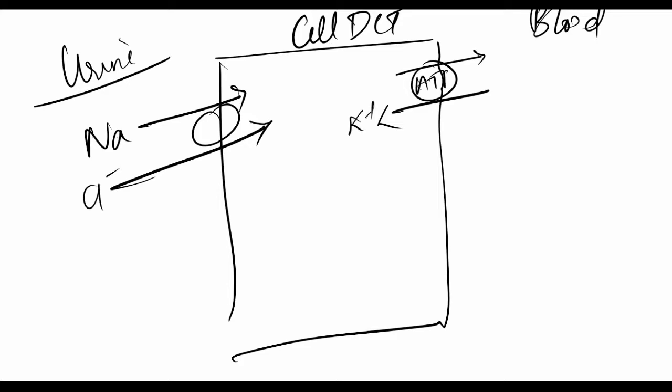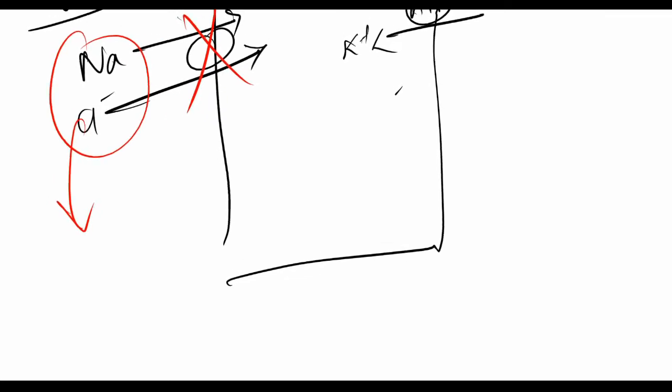That's how much we guessed. And then this mechanism is going to be blocked by the thiazide group of drugs, and hence sodium is going to pass on and lead to an increased volume of urine being lost, because that volume is going to be responsible for the dilution.